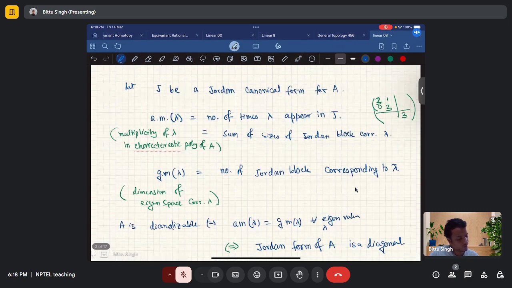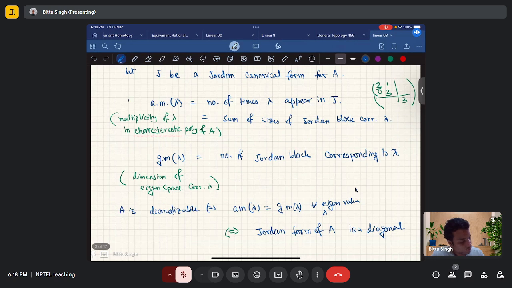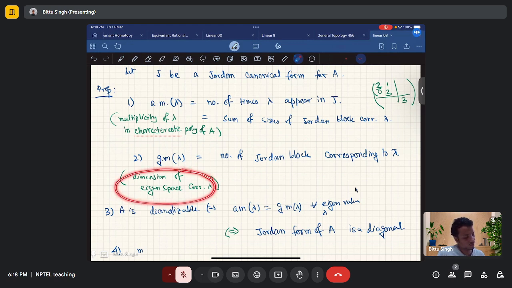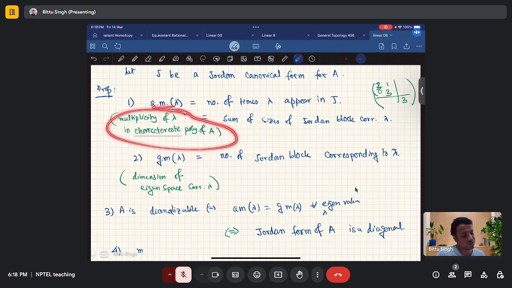And another thing I should mention, this is property 1, 2, 3. Those are properties. Another thing is the multiplicity of lambda. We know that multiplicity in the characteristic polynomial is actually the algebraic multiplicity. It is already known.